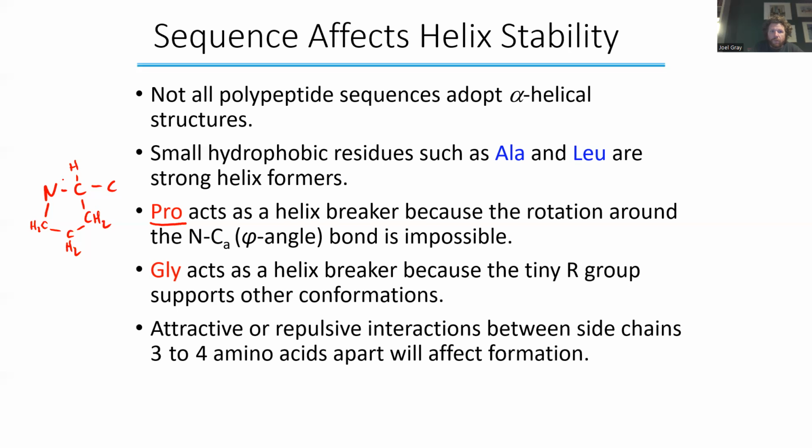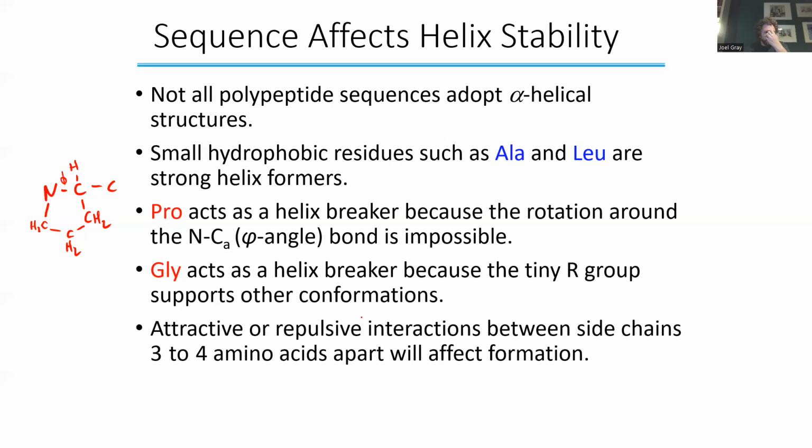We've got what would be our phi angle right here, N to C. And this is another way of looking at phi. We're not going to have any rotation there. So proline has two components that make any sort of movement very difficult. Proline is very restrictive because the R group goes back to the N-terminus.